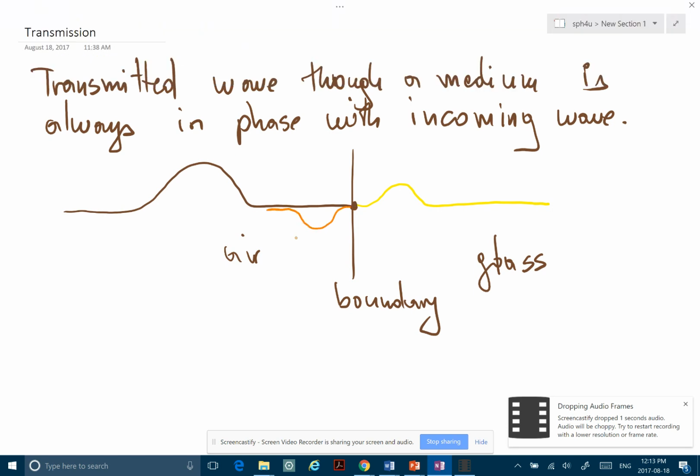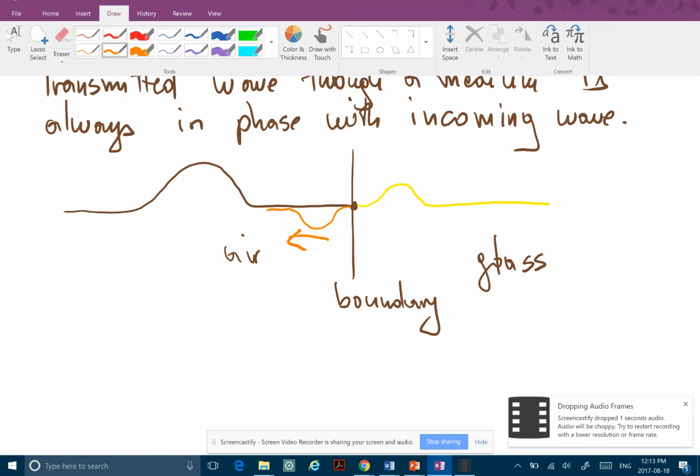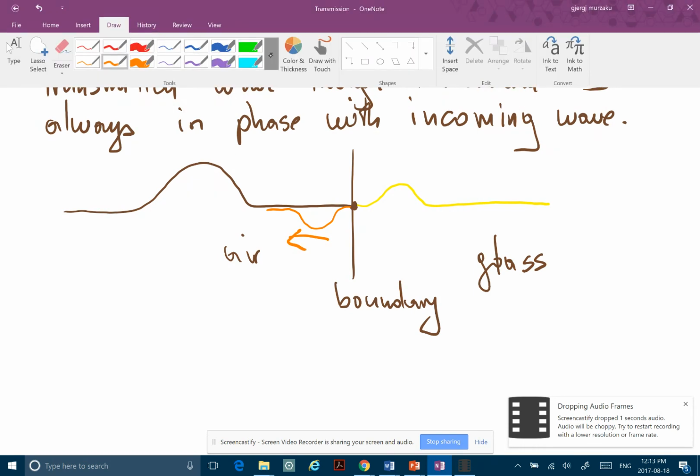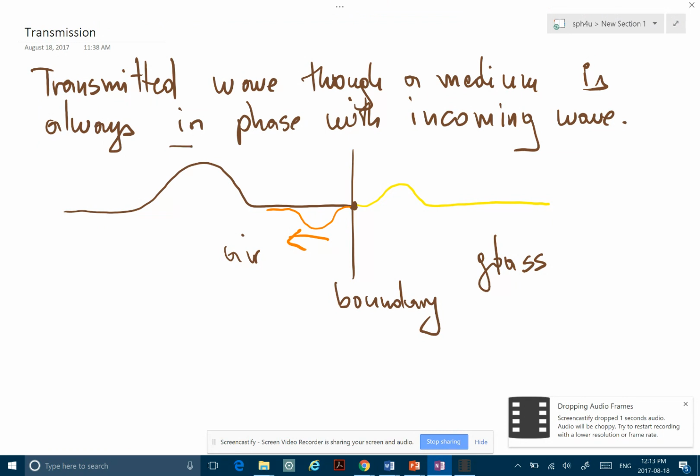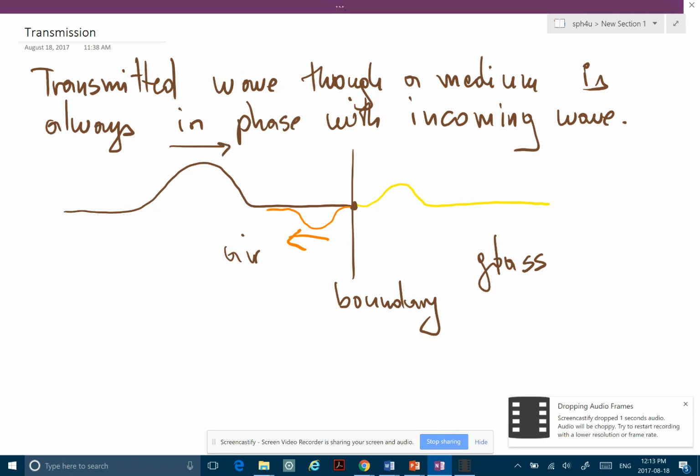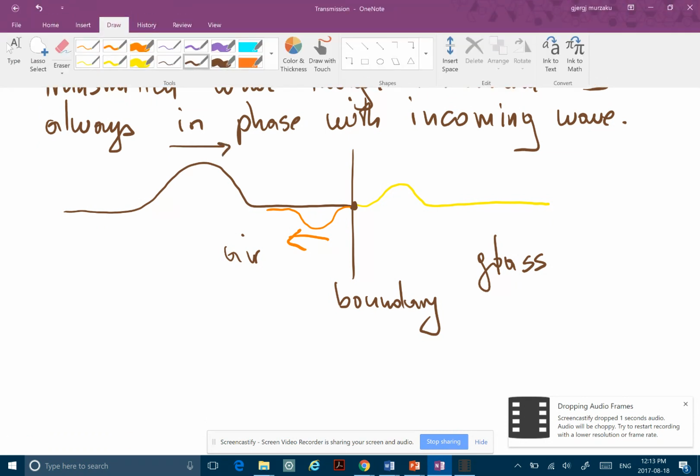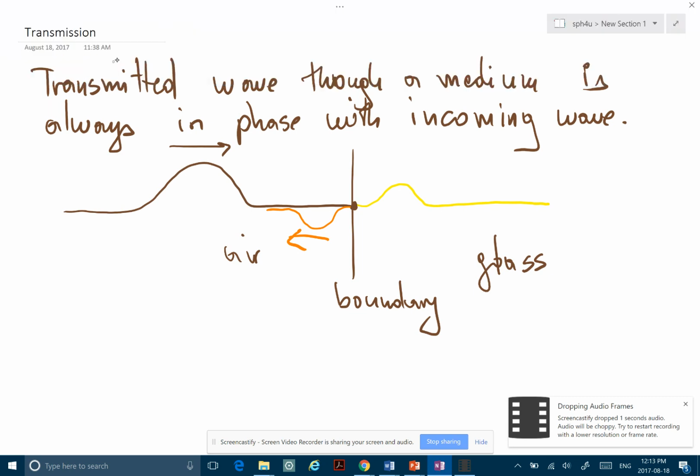All right, so we have the reflected, the incoming, and then the transmitted.